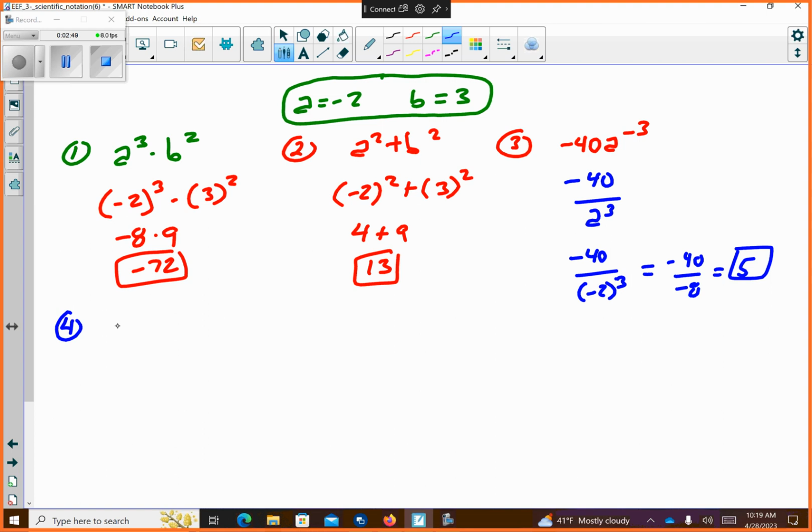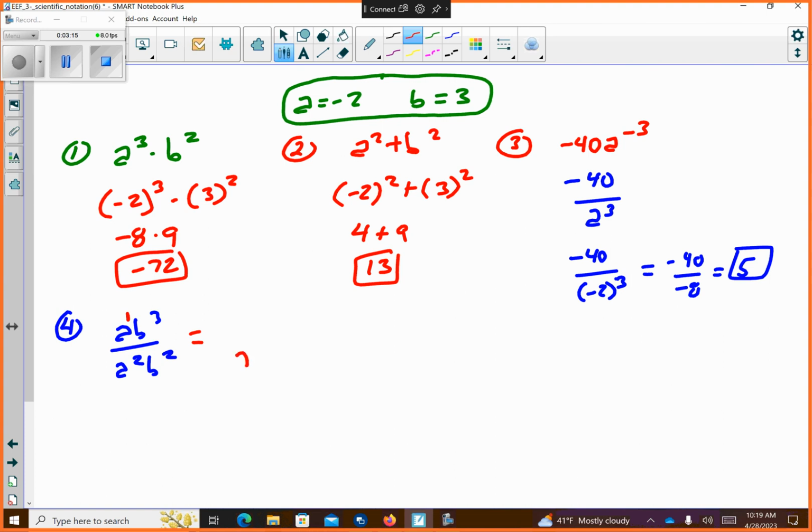Number 4. Before I do anything on number 4 by plugging in stuff, I'm going to do the tug of war. So tug of war with the A's. Who wins, top or bottom? 8 of the first, 8 of the second.